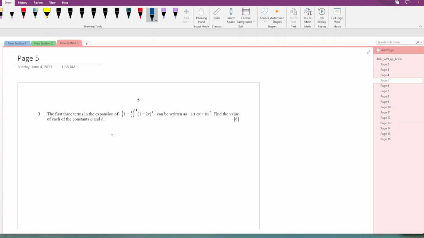This is in fact a binomial theorem sum. I consider (1 minus x/7) to the power 14 and expand it using the binomial theorem.